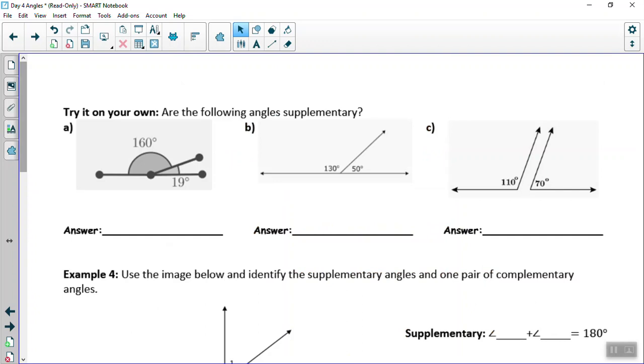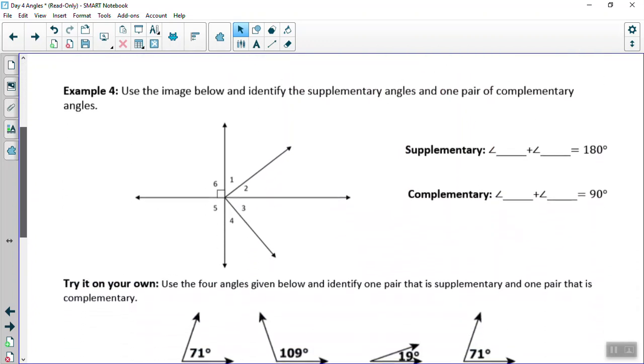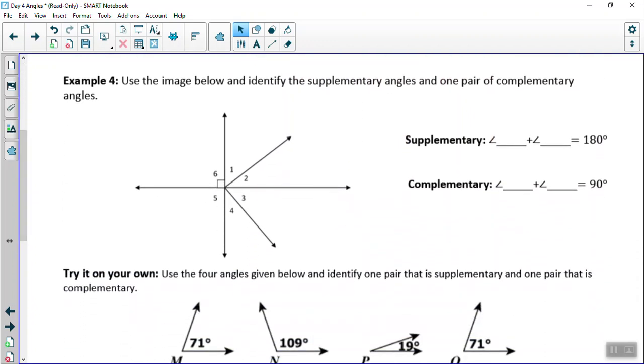But first, let's come down and take a look at how we can identify supplementary and complementary angles from a diagram. So supplementary angles, again, are ones that form a straight line. And we're usually looking at pairs, so two angles that make those lines. So when we look, I'm going to look specifically for straight lines.